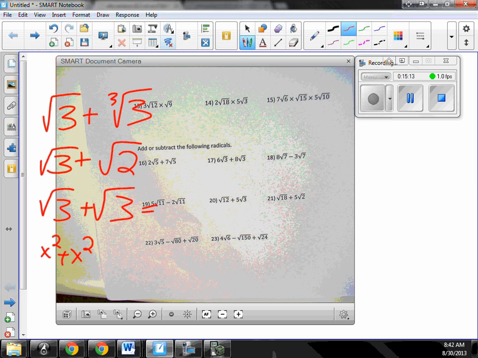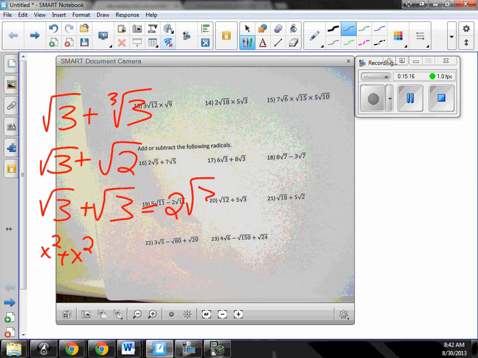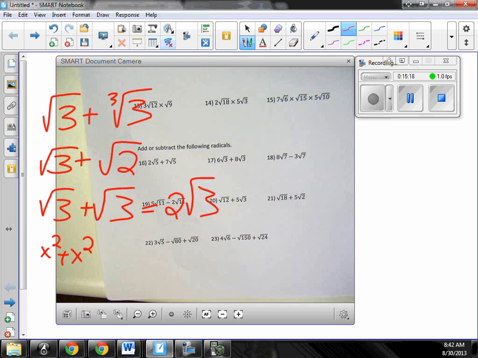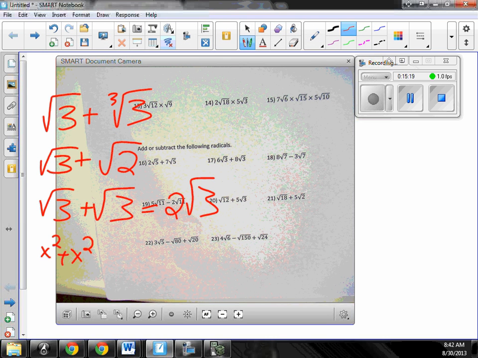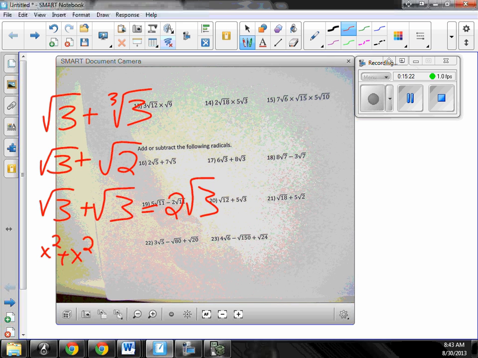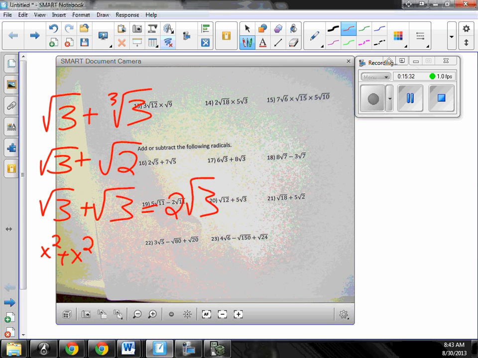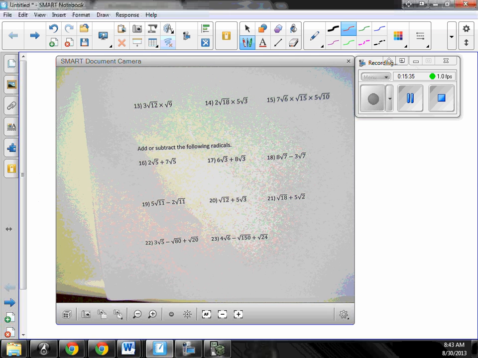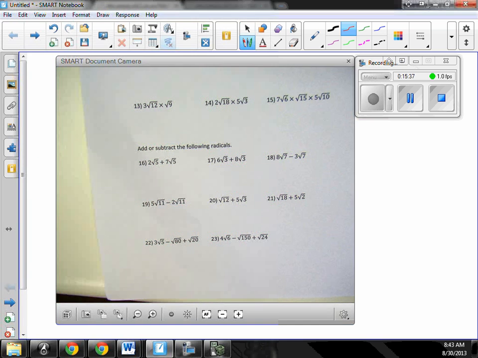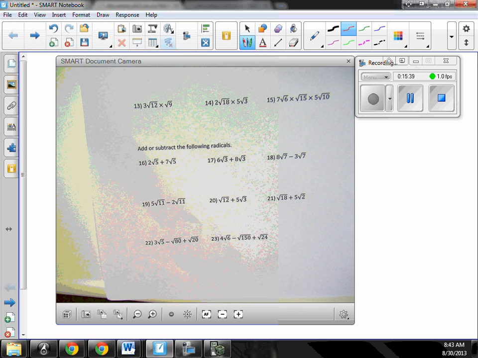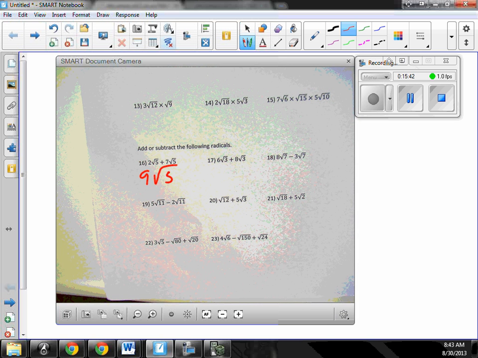So this is just going to be 2 root 3. It doesn't change the value of the radical. That will not change in addition. The only thing that changes is the coefficient, which tells you how many there are, according to addition. So number 16, if I have 2 root 5 plus 7 root 5, then I would end up with 9 root 5.